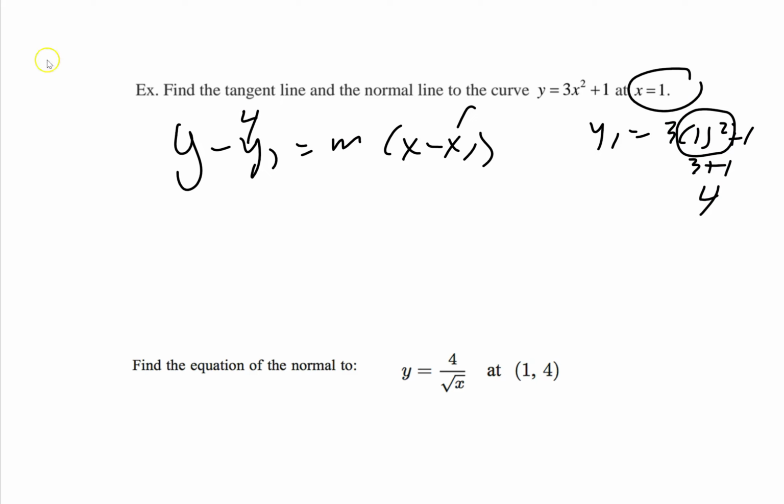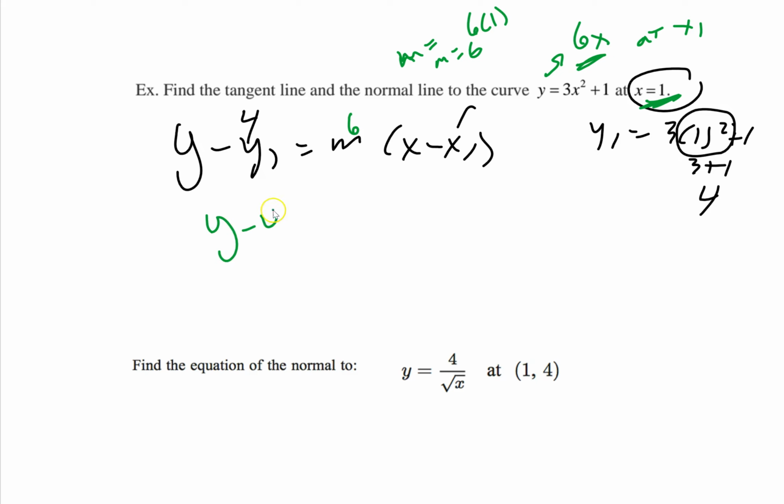I want to find my m, so you just take a derivative. That's all the m is. It's the slope of a tangent line, so derivative. That would be 6x. That's my derivative. Now again, you don't just plug that in, you've got to plug in x1. It's a derivative at x1, my x1 being 1 in this case. So this is 6 times 1, which is just 6. So my slope is 6. I took the derivative, plugged 1 in, I'm good.